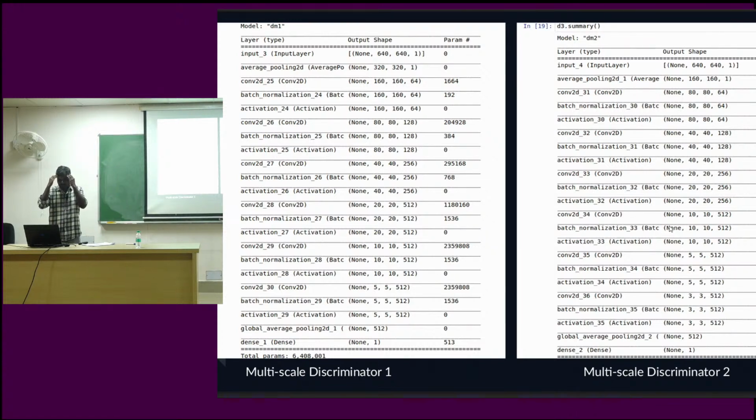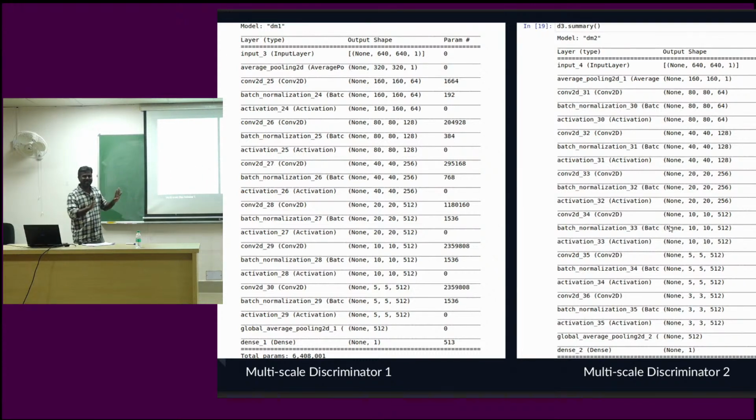This particular architecture uses different discriminators. This architecture is from one paper. They used three different discriminators to handle multiple resolutions.